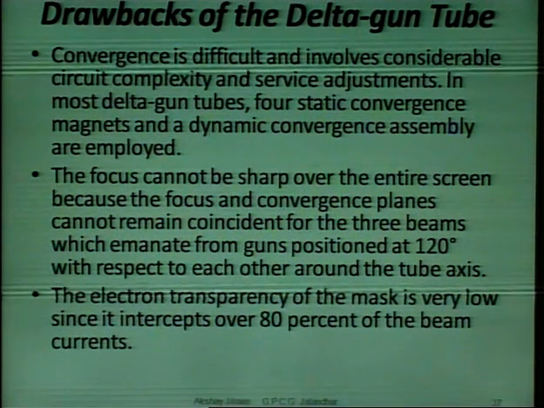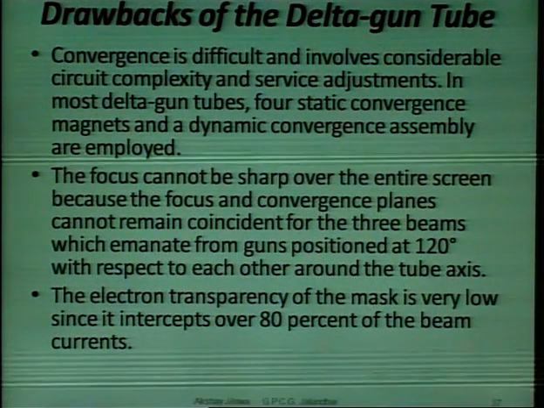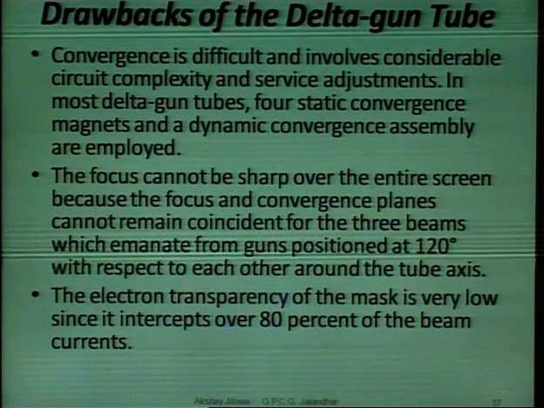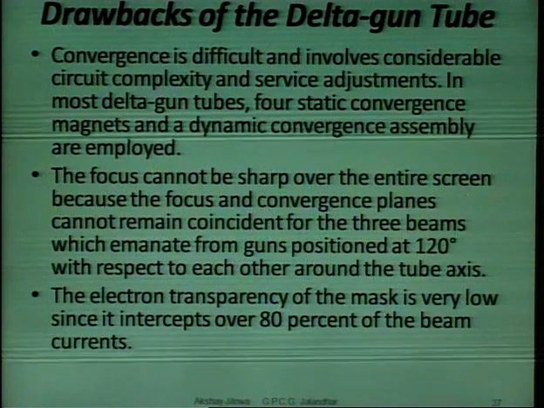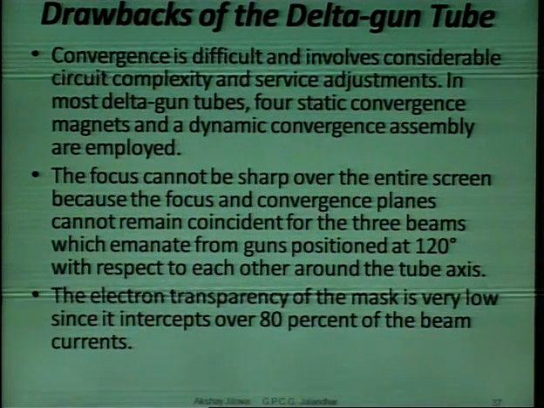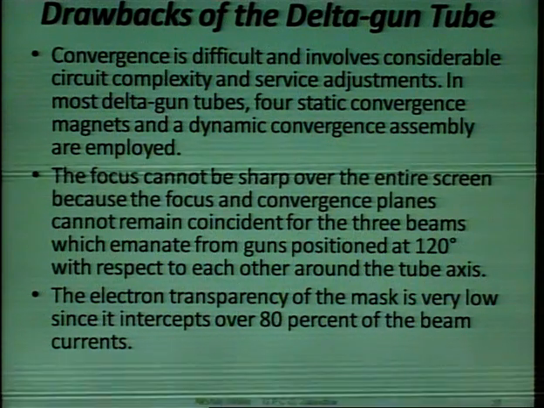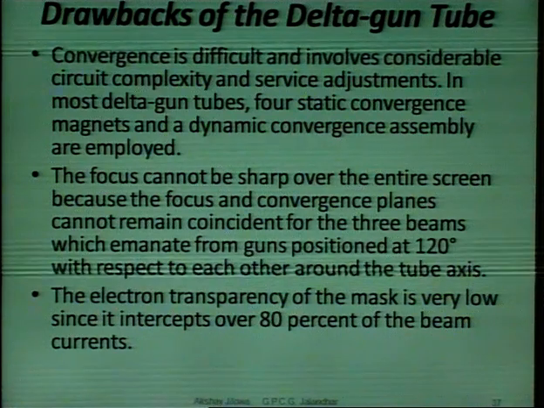The focus cannot be sharp over the entire screen because the focus and convergence planes cannot remain coincident for the 3 beams which emanate from guns positioned at 120 degrees with respect to each other around the tube axis. So, it is a difficult task to deflect them in the same proportion because they are placed 120 degrees apart.